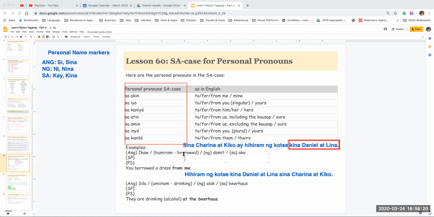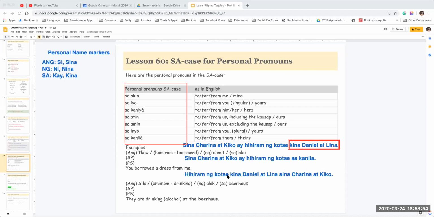So let's try that. Sina Charina at Kiko ay hihiram ng kotse sa kanila. Yes, okay. So that's how we use the sa pronouns. Now let's do the second sentence first.